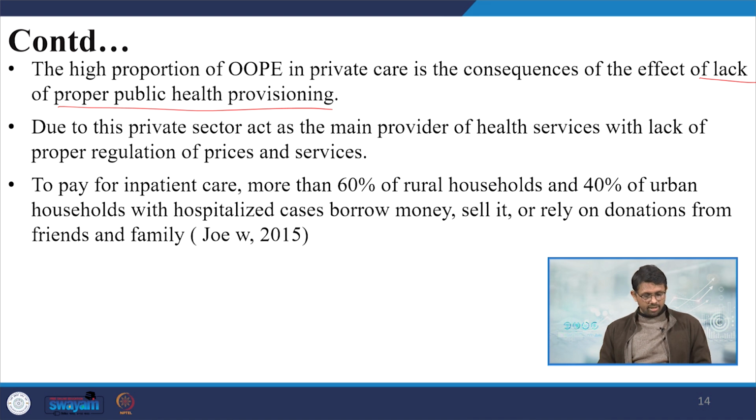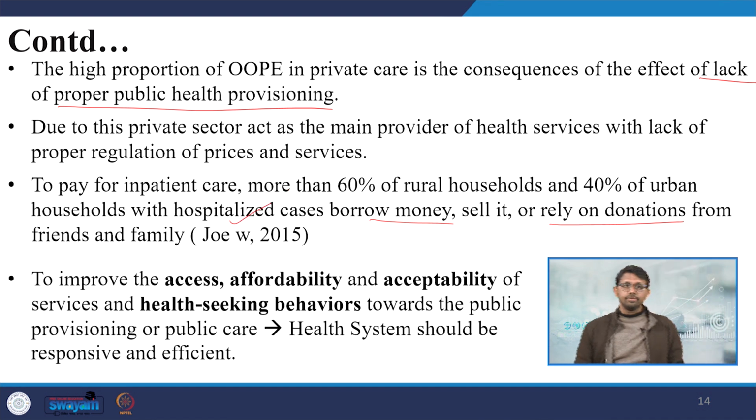To pay for inpatient care, more than 64% of rural households and 40% of urban households with hospitalized cases borrow money or sell assets, or rely on donations from friends and family, as Joe's 2015 work highlighted.